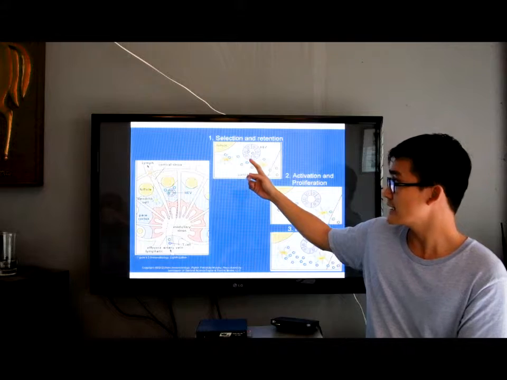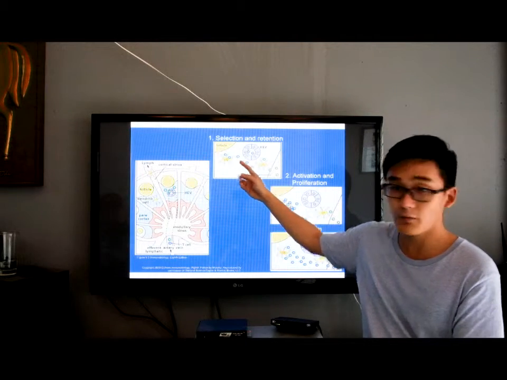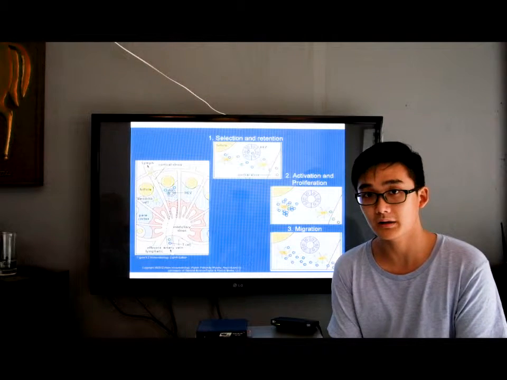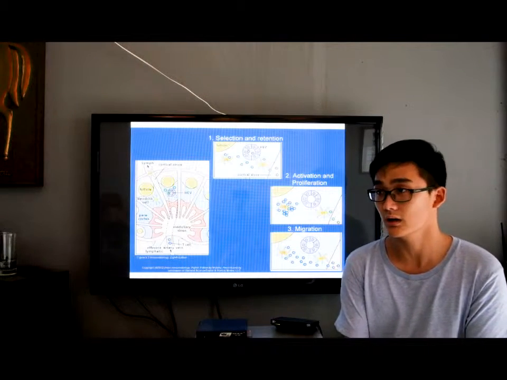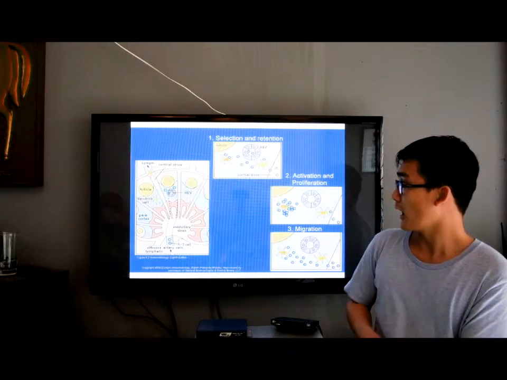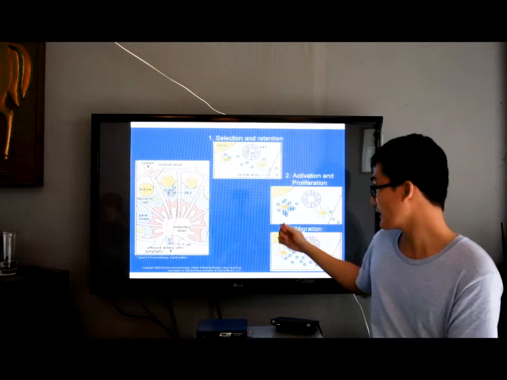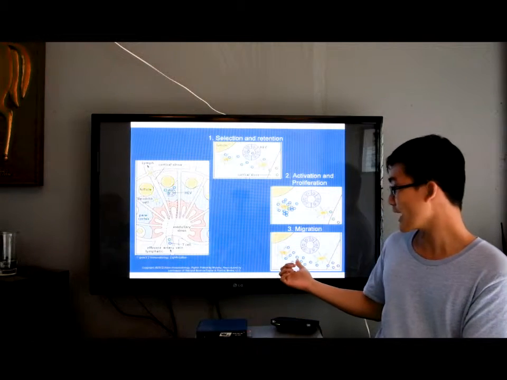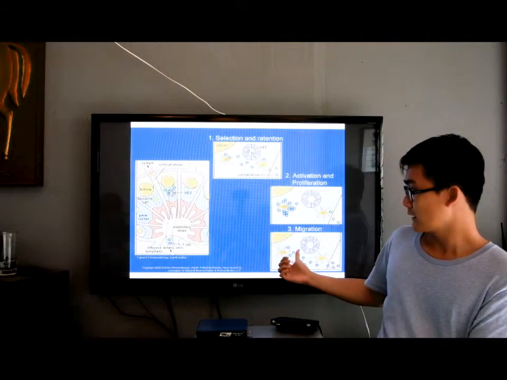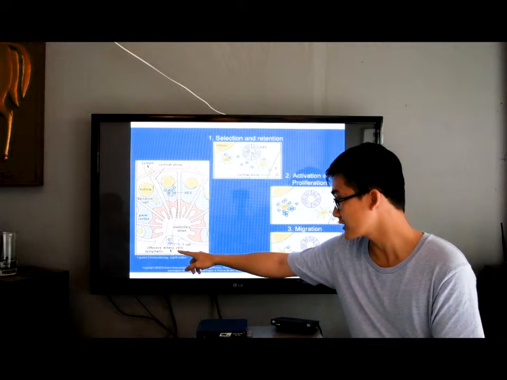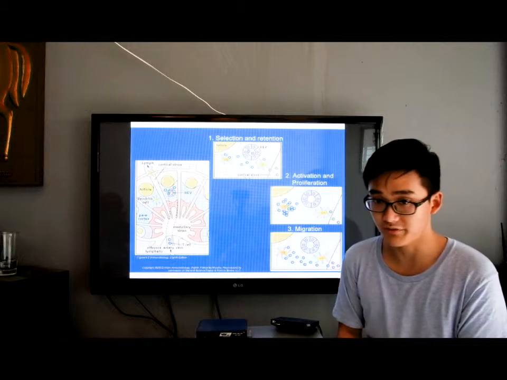In there, the T cell will interact with the activated dendritic cell, and when there is a match between a T cell and the dendritic cell, it will activate the T cell, and then the T cell will proliferate and travel back to the blood through the artery and vein and go to the infectious site.